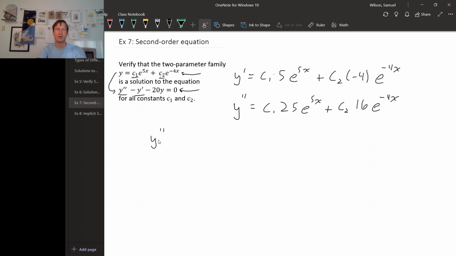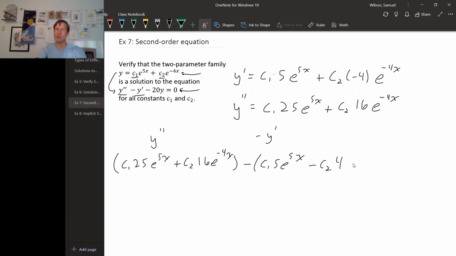So y double prime, which is c1 times 25 e to the 5x plus c2 times 16 e to the negative 4x. Okay, so now minus y prime, so minus y prime is c1 times 5 e to the 5x minus c2 times 4 times e to the minus 4x.